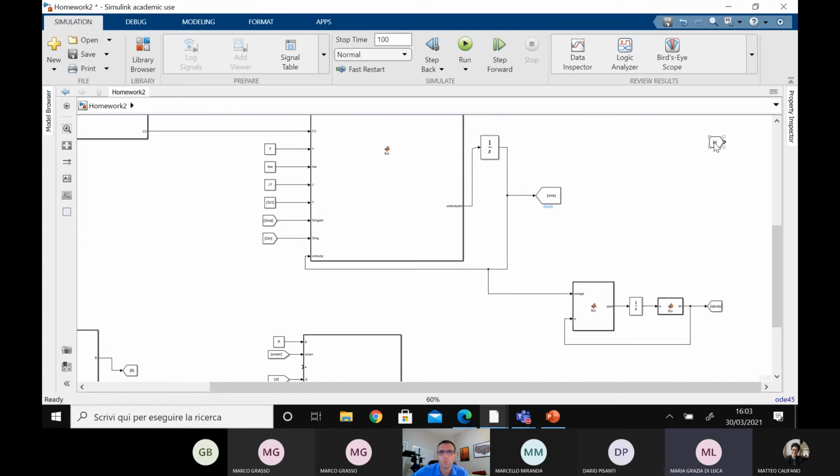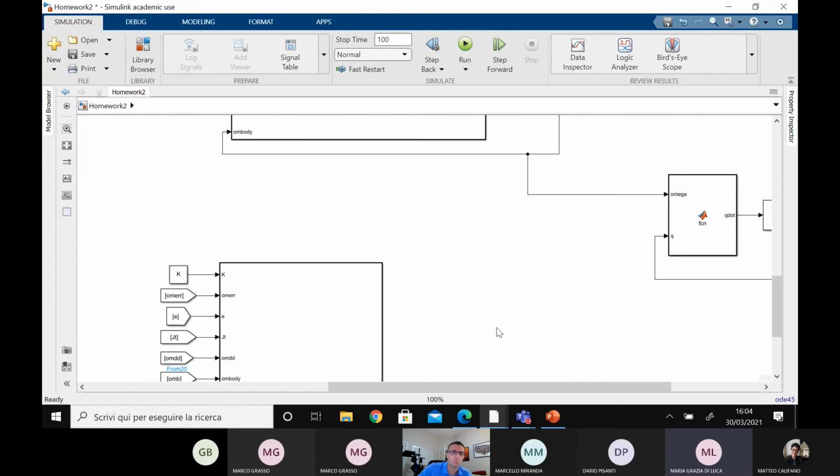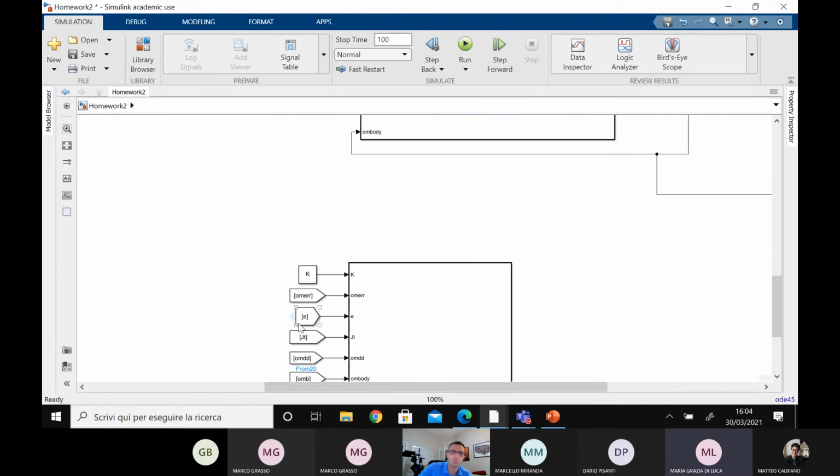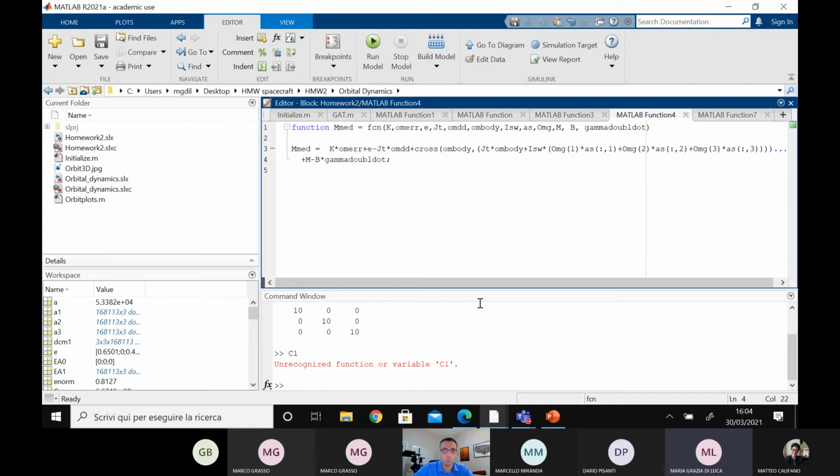All right, this one is going here. Okay, so this is the function that computes the immediate work.